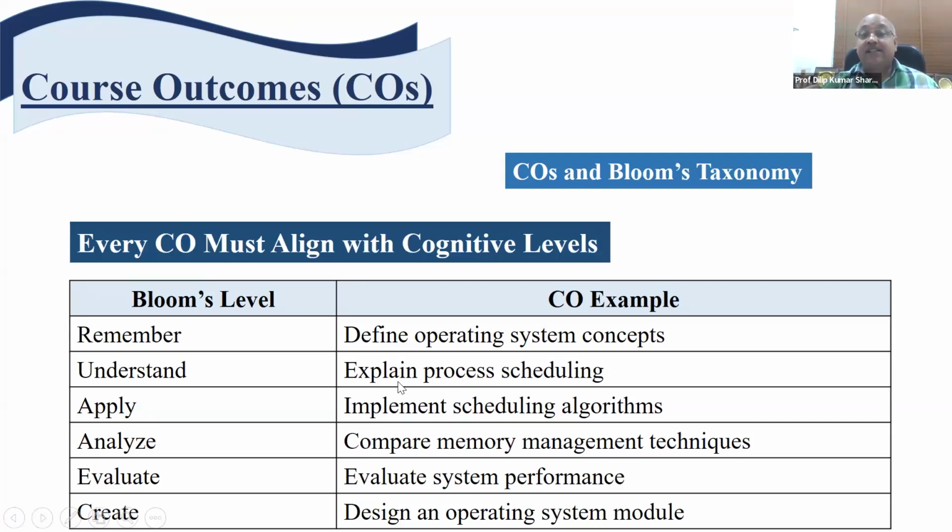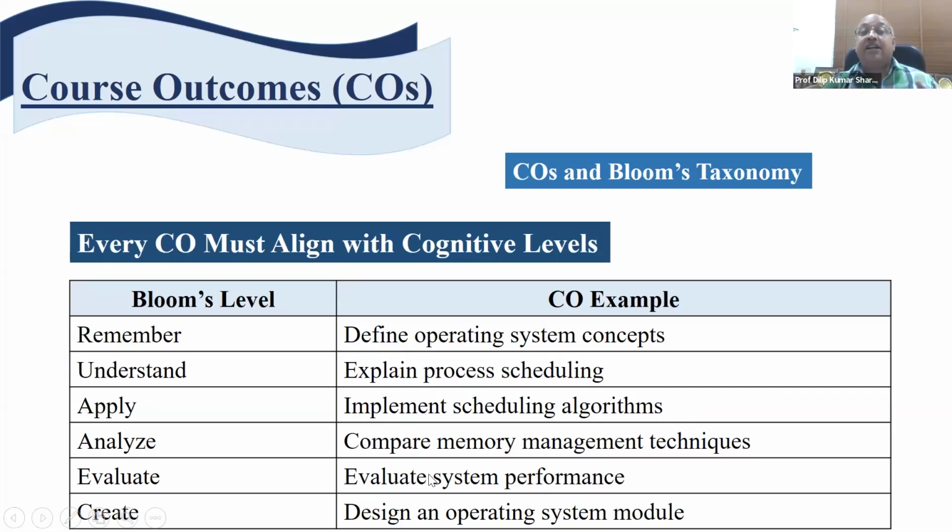Understand means "Explain the process of CPU scheduling," like that. Apply: now you have to apply. This is a higher level of Bloom's taxonomy. "Implement CPU scheduling algorithm, round robin scheduling algorithm."